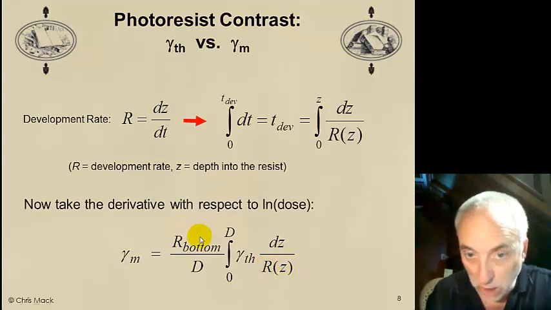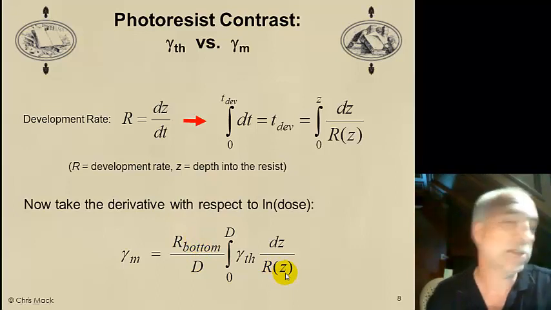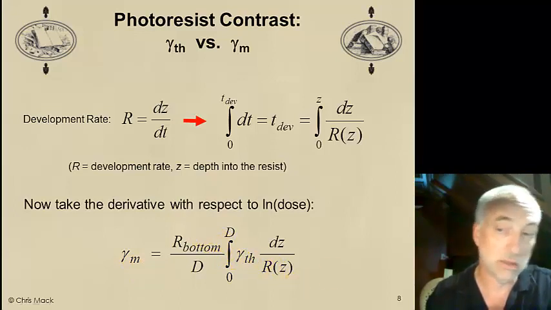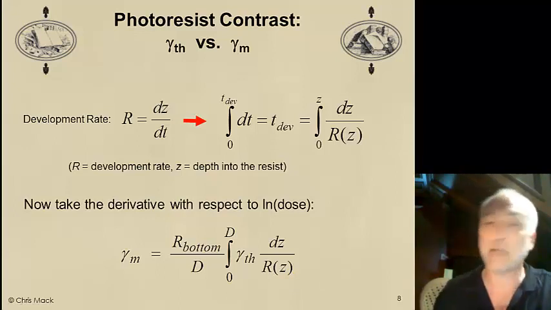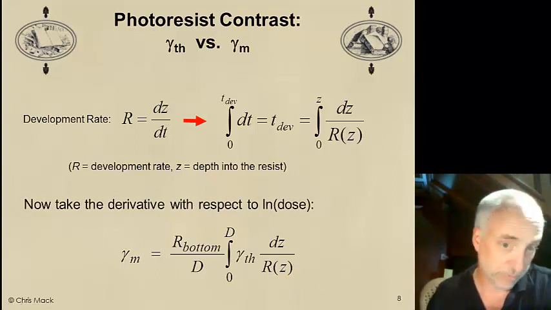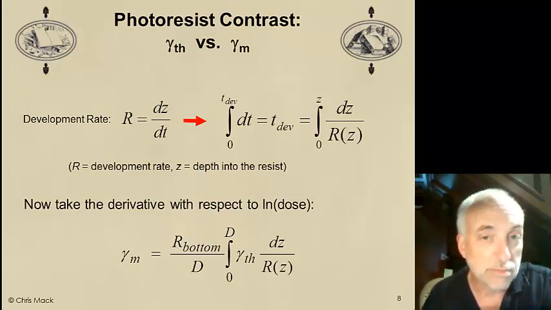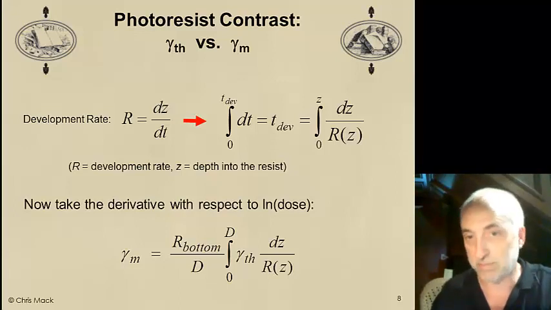This ratio of R bottom to R of Z will be a number less than 1. So gamma measured equals gamma theoretical times a number less than 1. In other words, my measurement technique will underestimate the value of gamma theoretical in the presence of absorption. Newsflash, all resists have absorption. Therefore, the measurement technique always gives the wrong answer.